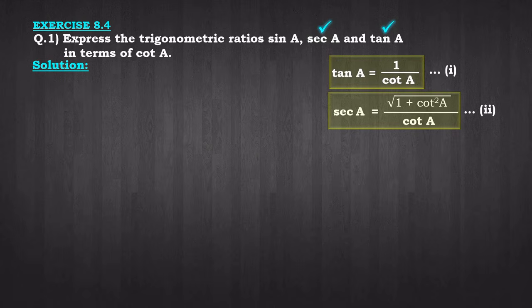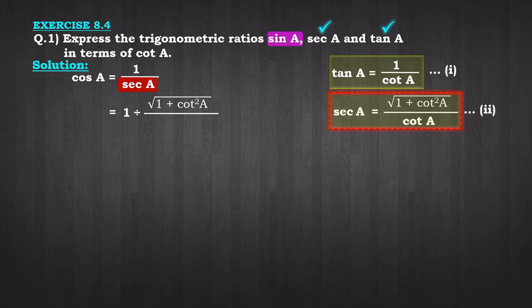Now, let us continue solving question 1 from exercise 8.4. Next, let us find the value of cosine A. We know that cosine A is equal to 1 upon secant A. Now substitute the value of secant A from equation 2.